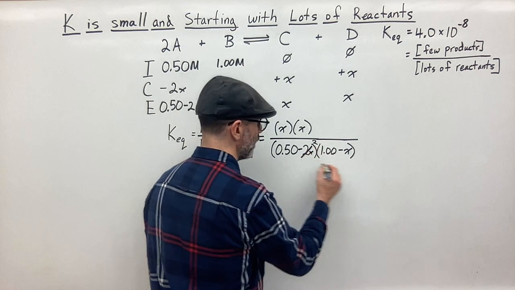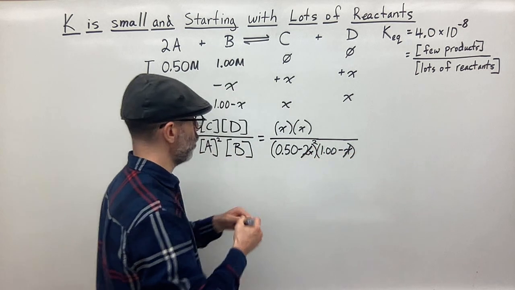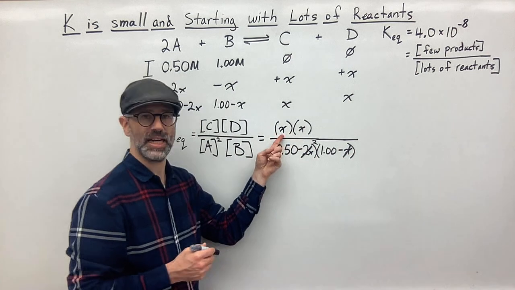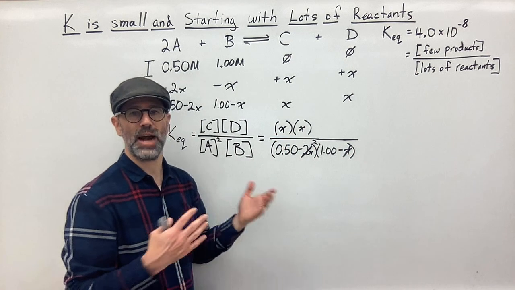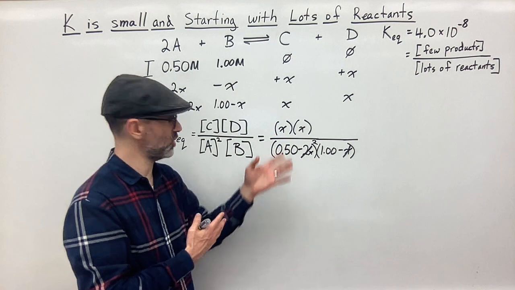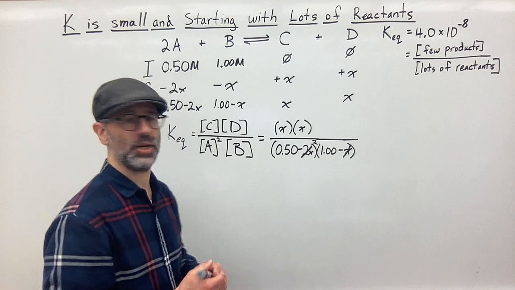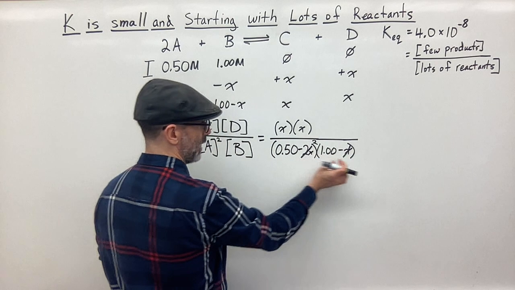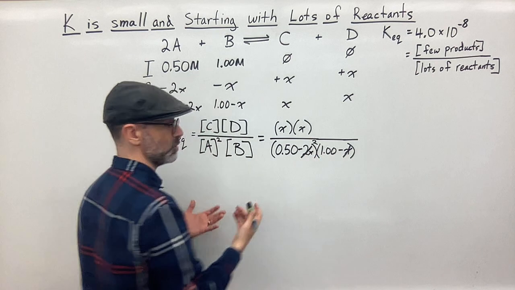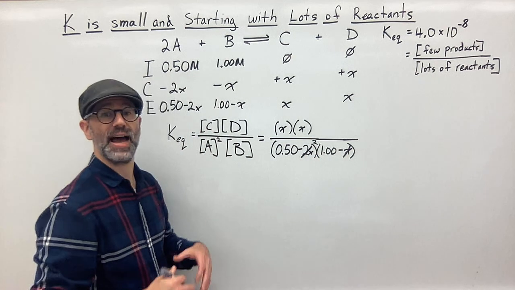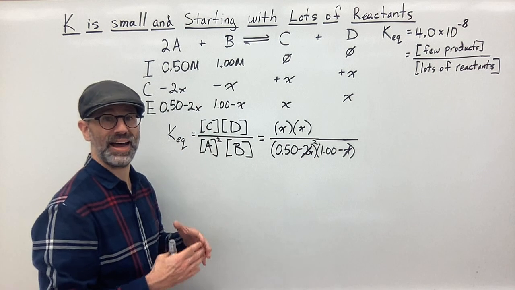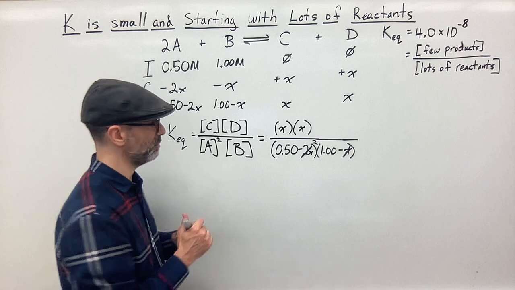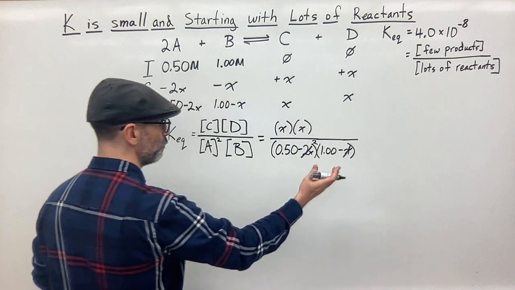Notice I'm not getting rid of the x's here because I'm not subtracting or adding x to anything. It's just sitting there, so I'm not allowed to get rid of those. But I can get rid of these since I'm subtracting the x amount and I'm supposing that this is so small that I can just ignore it.